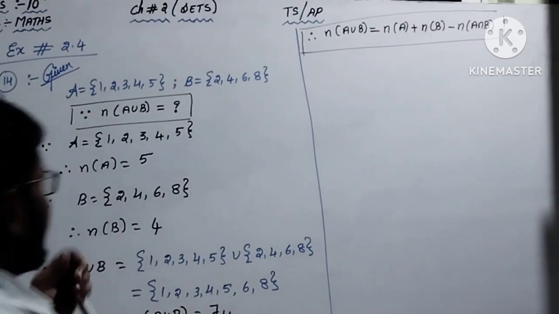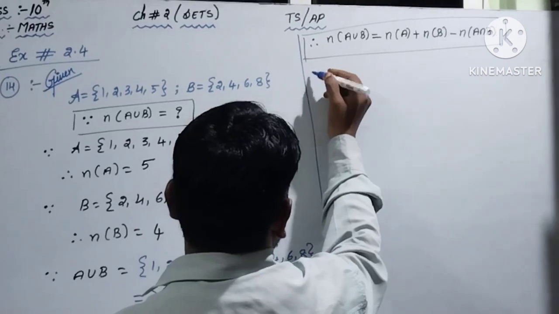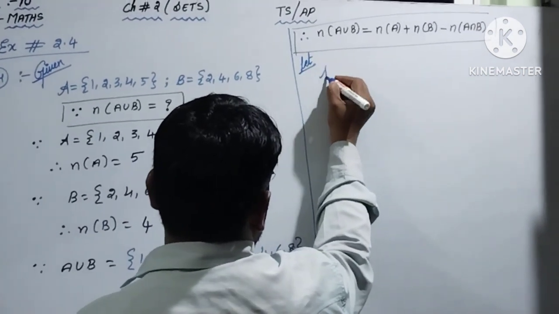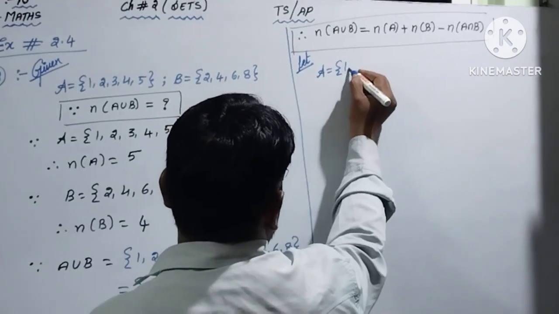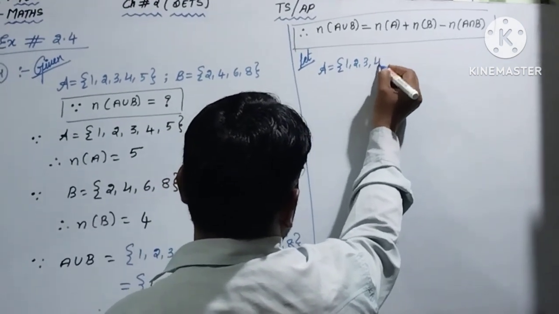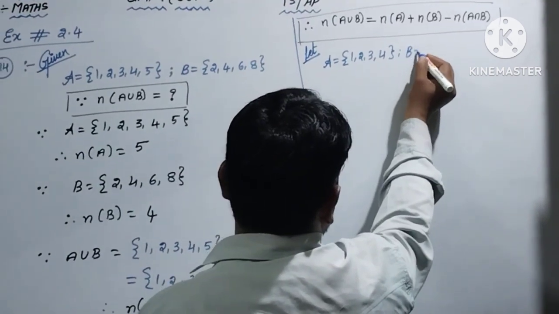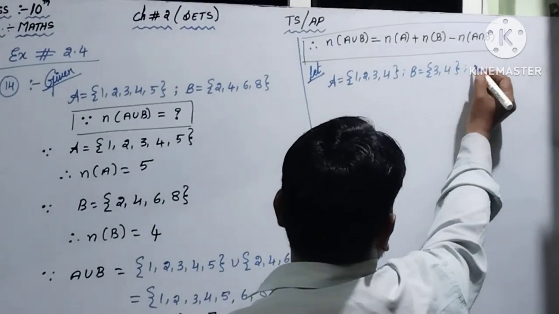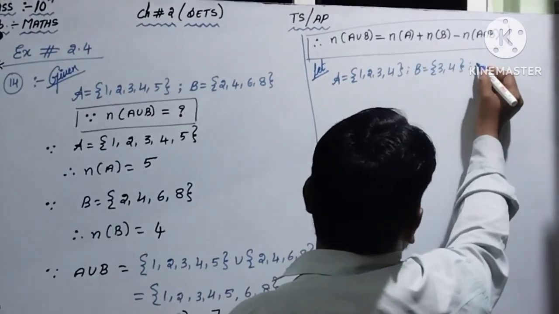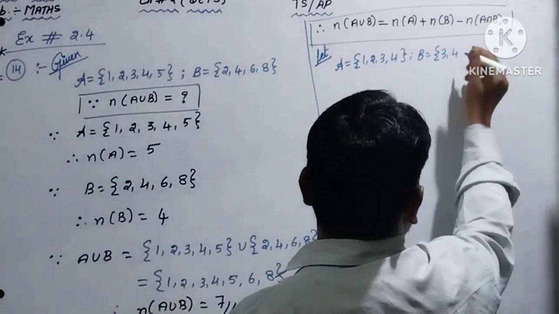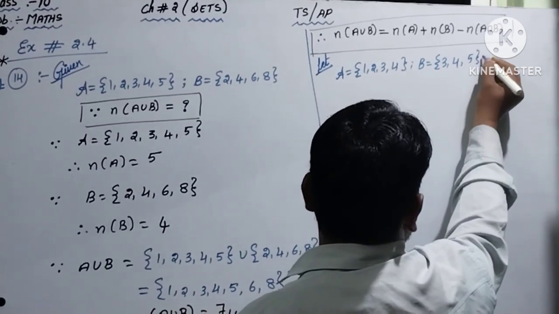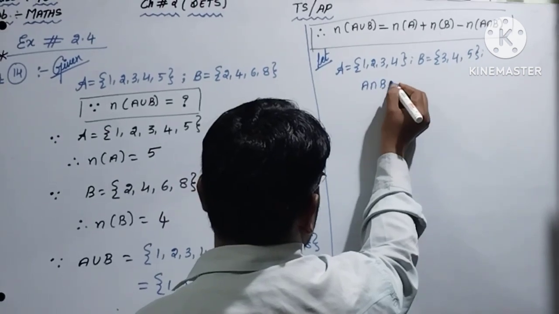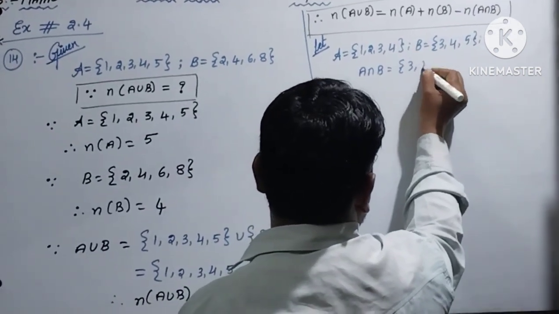Let's see. Suppose A is equal to 1, 2, 3, 4 and B is equal to 3, 4, 5. Then A intersection B is equal to 3, 4.